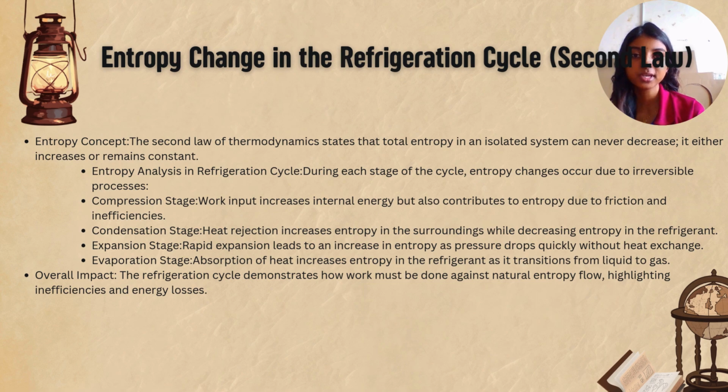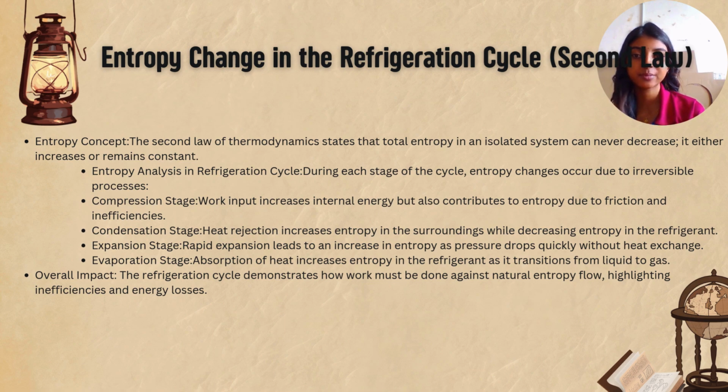Compression stage: work input increases internal energy but also contributes to entropy due to friction and inefficiencies. Condensation stage: heat rejection increases entropy in the surroundings while decreasing entropy in the refrigerant. In the expansion stage, rapid expansion leads to an increase in entropy as pressure drops quickly without heat exchange.